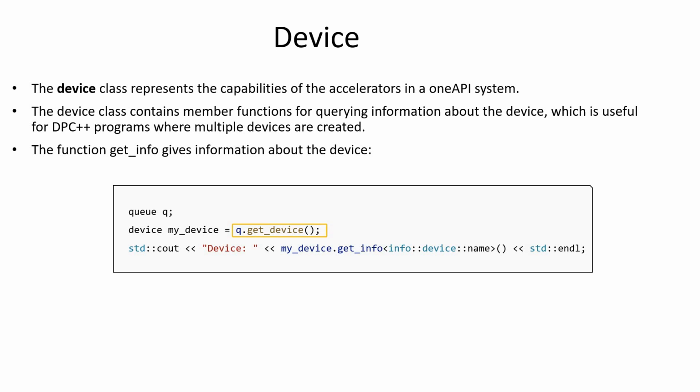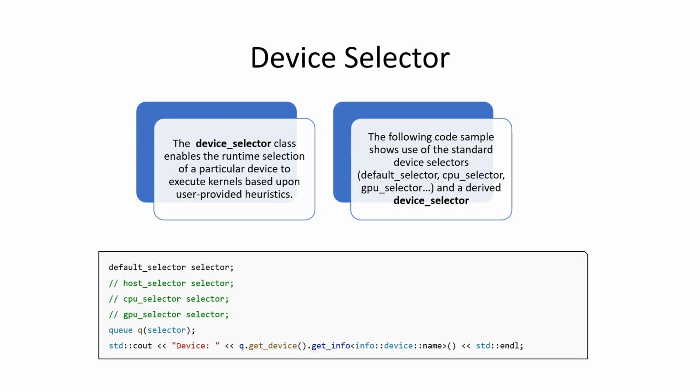First, a queue is created and then you use the queue.getDevice method and you will get a lot of information about the device, which includes the name, the vendor, the version, the memory details and a lot more. Even the clock frequency and cache related information will be made available to you.